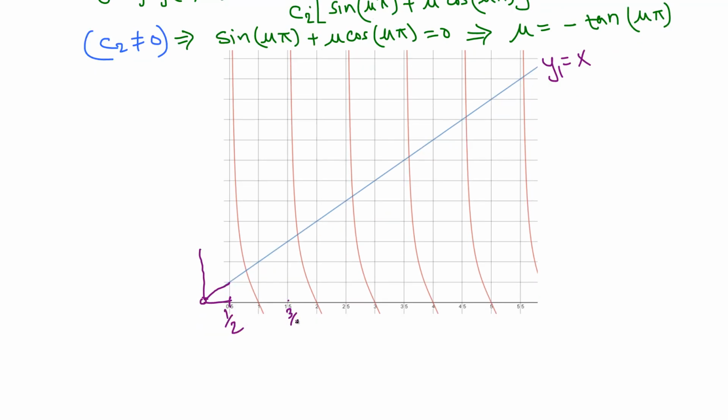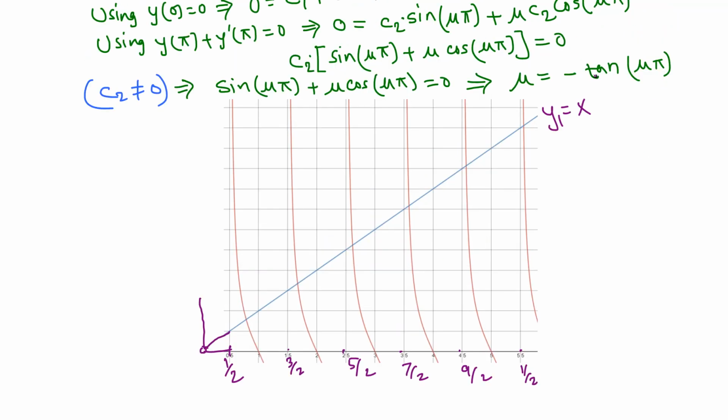This is 3/2, this is 5/2, 7/2, 9/2, and 11/2. These are the places where we get vertical asymptotes, because π is already there. If we had just tangent x, then we would get π/2, 3π/2, 5π/2, etc.